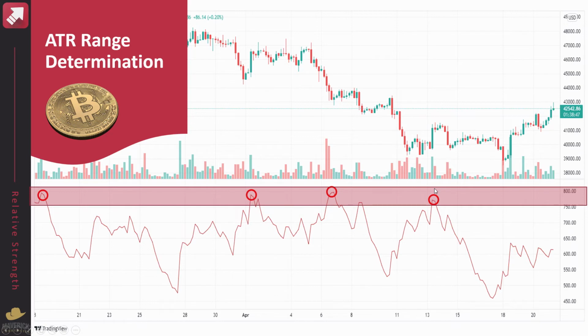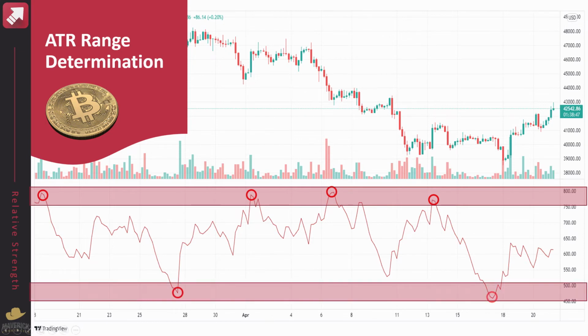As you can see, by identifying these peaks, we can tell when volatility is likely spent. It's out of gas. It's run a mile and it's tired. It needs to take a break. So that's what the top of these ranges mean. And at the bottom of the ranges, this is where the volatility has fallen and become compressed.